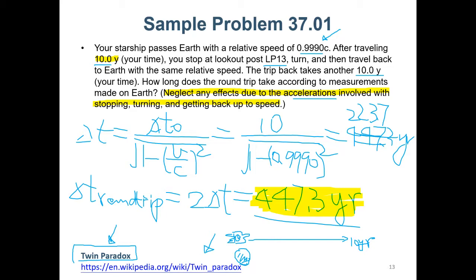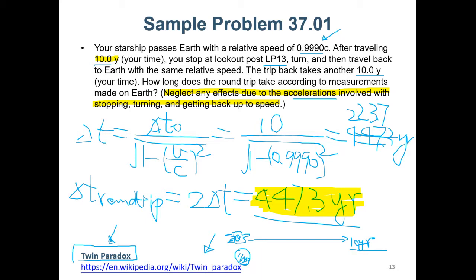Something like this. So the clock put on the starship doesn't really have a relative motion with the starship itself. They move together, so they share the proper time, 10 years.